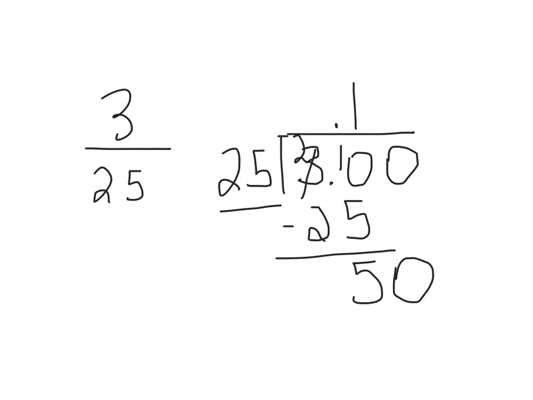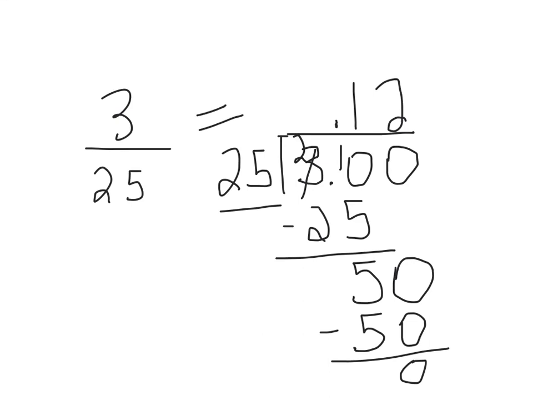How many groups of 25 in 50? 2 groups of 25 in 50. 2 times 25 is 50, and we get down here to the bottom with a remainder of 0. So my decimal for 3/25 is 0.12.